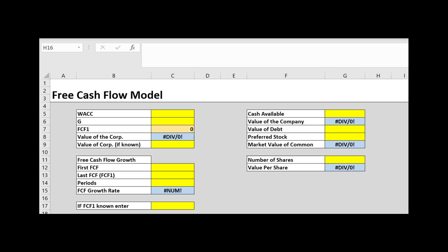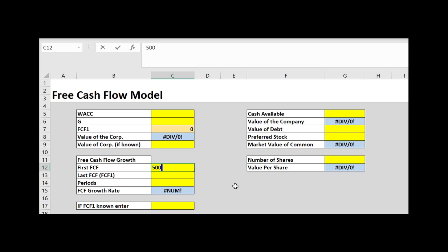This model really is identical to the dividend valuation model, with the exception of using free cash flows instead of dividends. So let's think about a company. We've been looking at a company, and we're thinking about maybe buying into it.